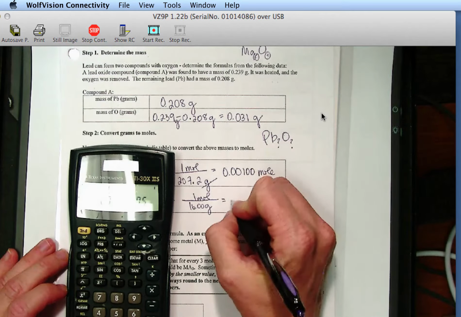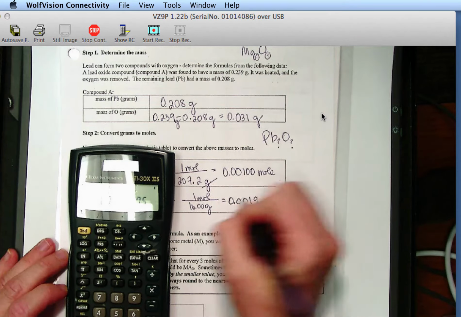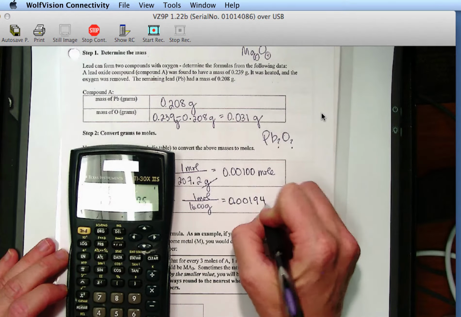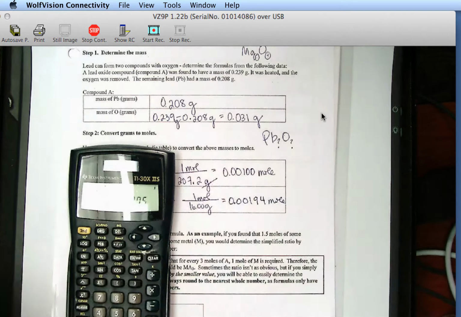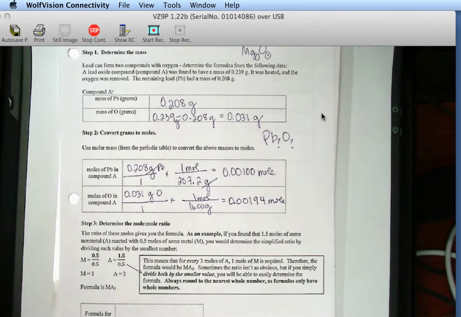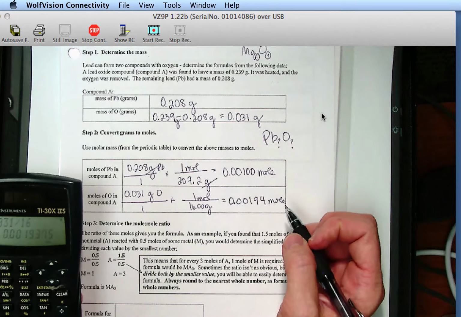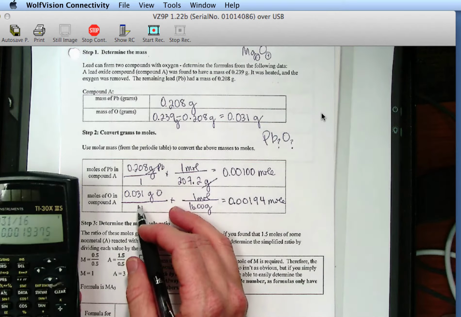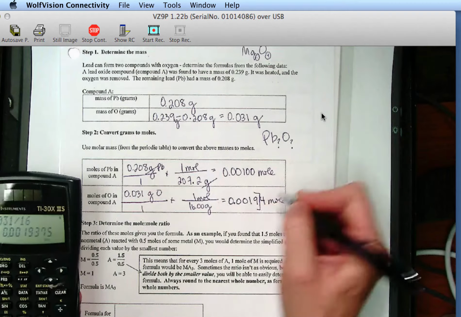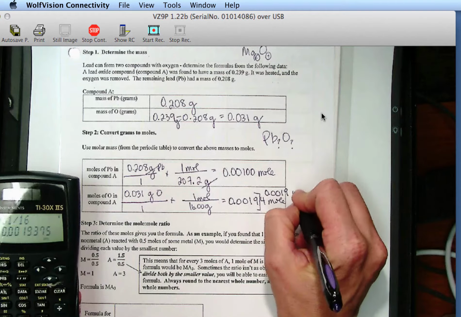So you get 0.00194 moles. Oh, no, you're right. Thank you. It would just be 2. Right? Yes. Thank you.